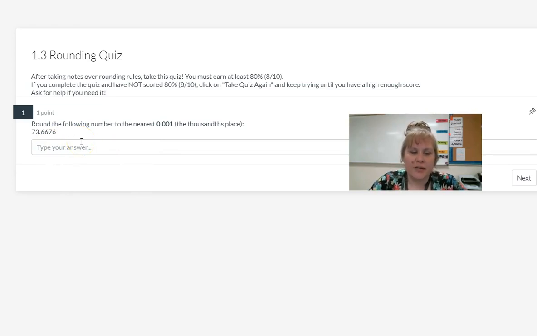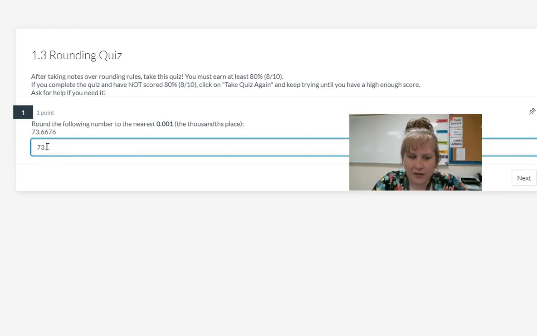Round the following number to the nearest 0.001, the thousandth place. So we're looking just at that third decimal point. We're going to keep everything before that, 73.66, and we're just looking at, do we change the 7 to an 8 or do we keep it a 7? In this case, we make it an 8.